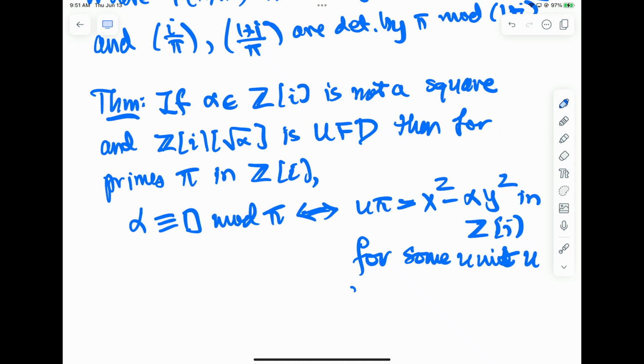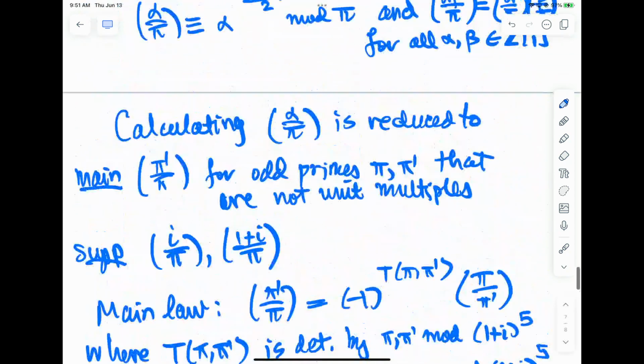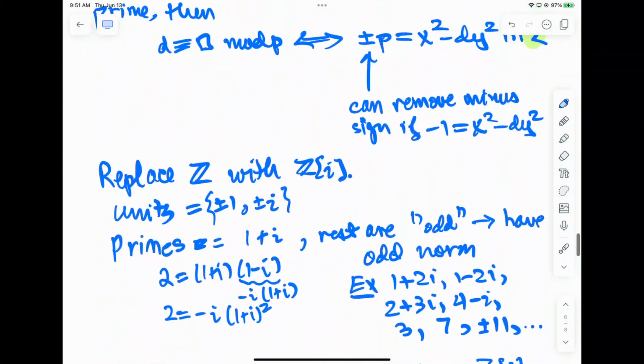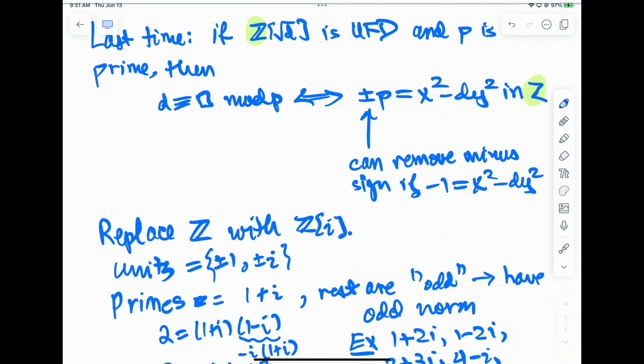And if I wanted to get rid of the unit ambiguity, what kind of condition should I want to impose? The analog last time was to avoid the plus or minus sign, I want to write minus 1. If I could write minus 1 as such a norm, I can massage it onto the right side, because a product of norms is another norm.